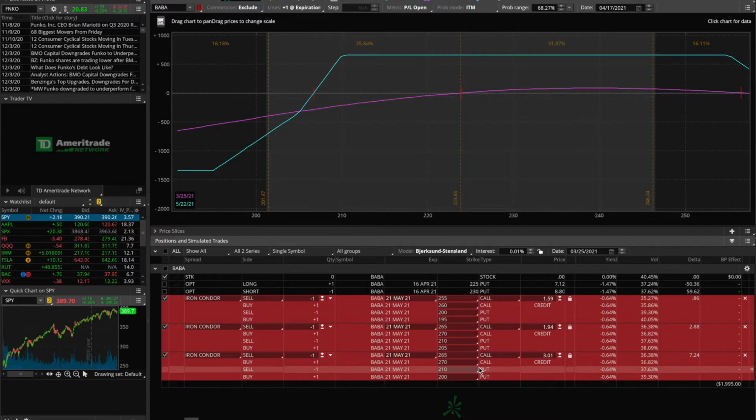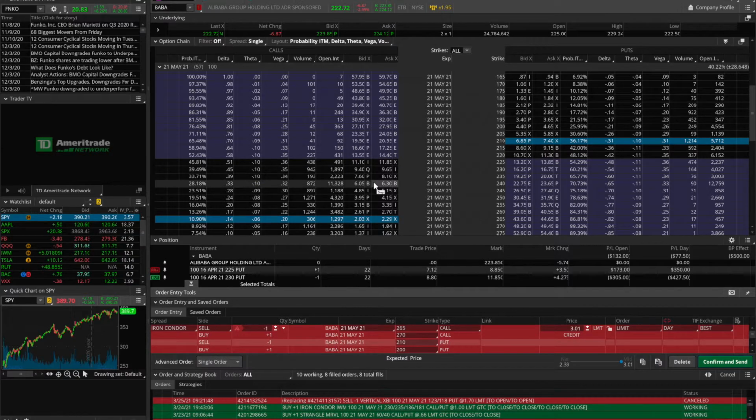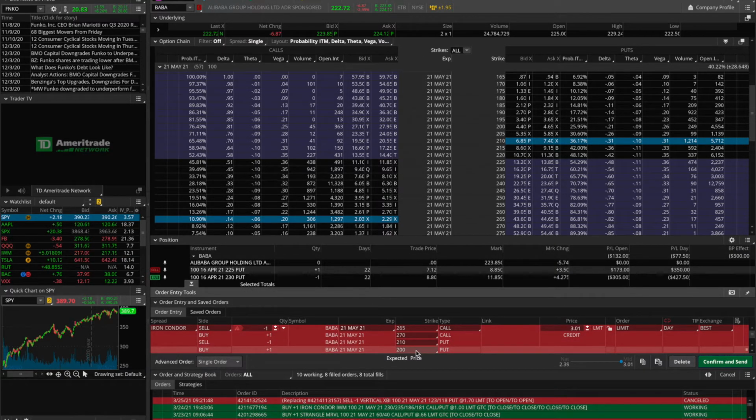And a final thing to note before wrapping this video up is deltas are also dynamic. The deltas you see here on all these options, both the puts and the calls, they will also change as the price of Alibaba moves around as well. And specifically what will happen is, if Alibaba does continue to increase in price, my iron condor down here, my initially bullish iron condor, will slowly lose its bullish bias.